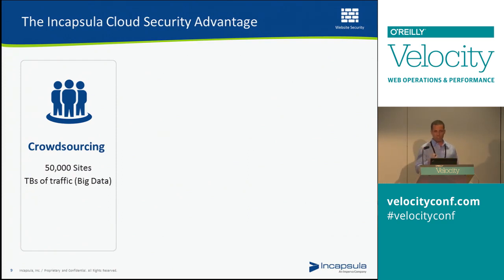So how does the cloud affect the capability to better secure web applications than just an on-premises solution such as a WAF appliance or a similar solution? First of all, there is the element of crowdsourcing. Capsular sees over 50,000 sites on a daily basis that are being served by Capsular, terabytes of traffic.